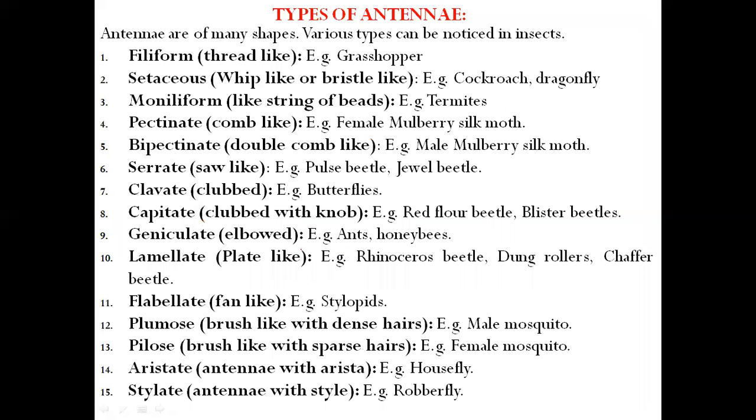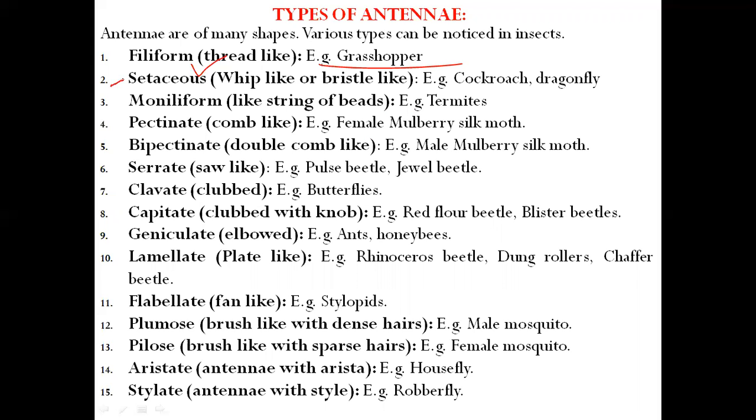Filiform means thread-like, for example in the grasshopper, where the segments are more or less uniform from base to apex and never end with a bristle. That is called filiform.